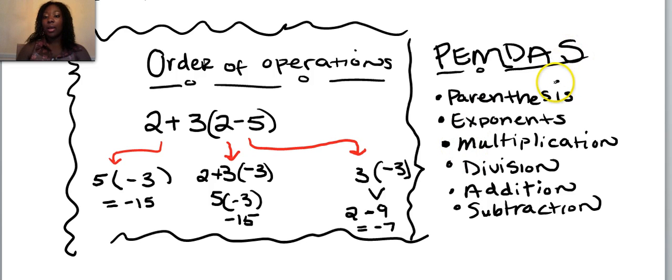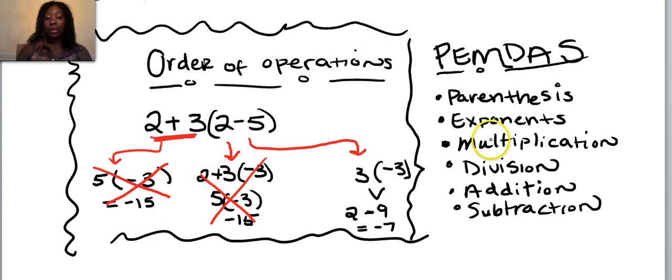It is a way that we will all do it so that we will all know the right answer when we see it. Based on PEMDAS, this is not going to be a good answer, because they added first before they did the parentheses. These people did the parentheses first, but they added before they multiplied, so this is not a good answer.